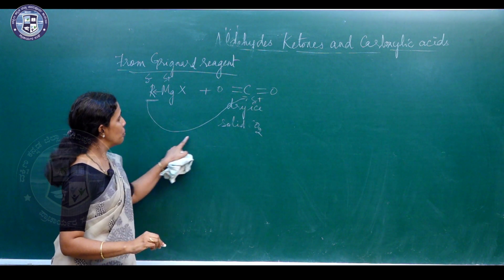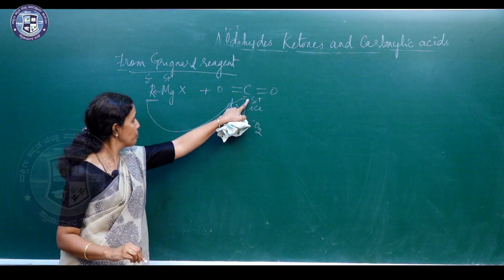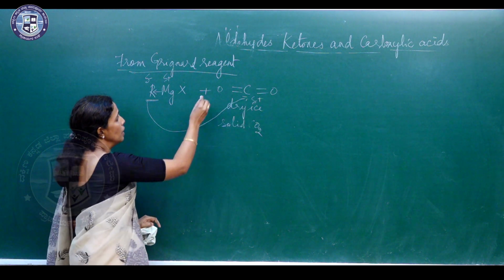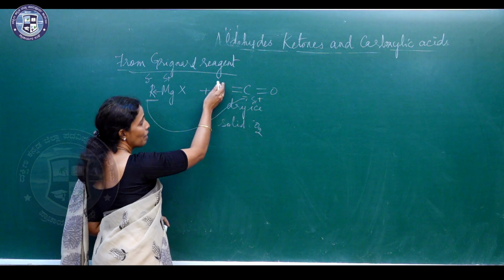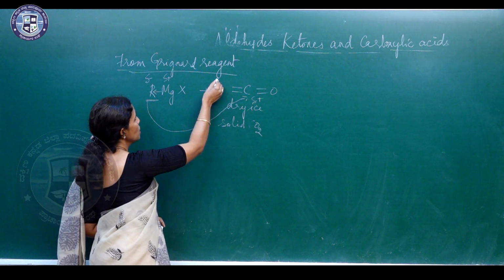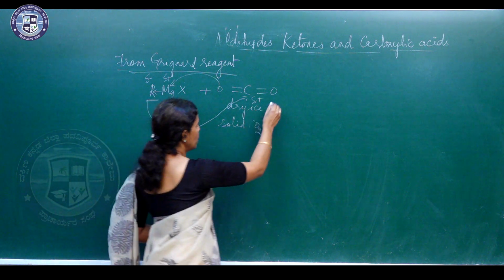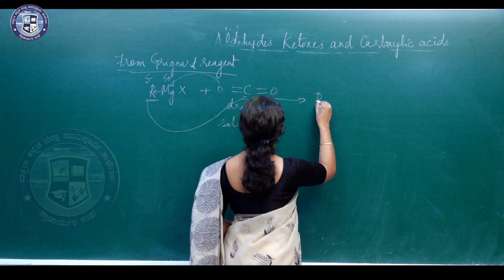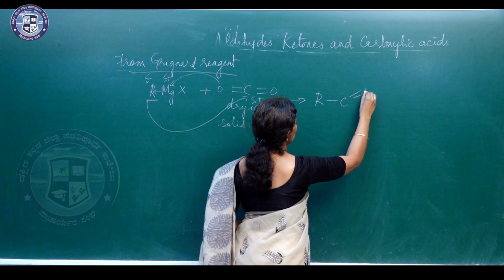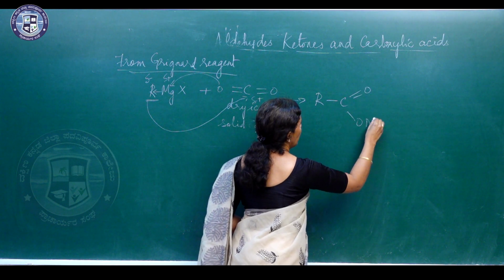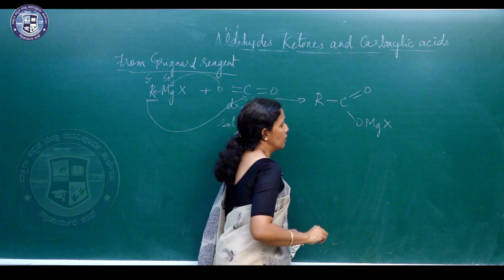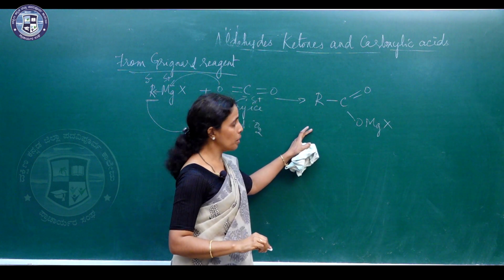So, the R group will attack this carbon atom. Simultaneously, this oxygen atom will have a partial negative charge. So, this is going to attack the magnesium halide. So, the product will be R C double bond O OMgX.